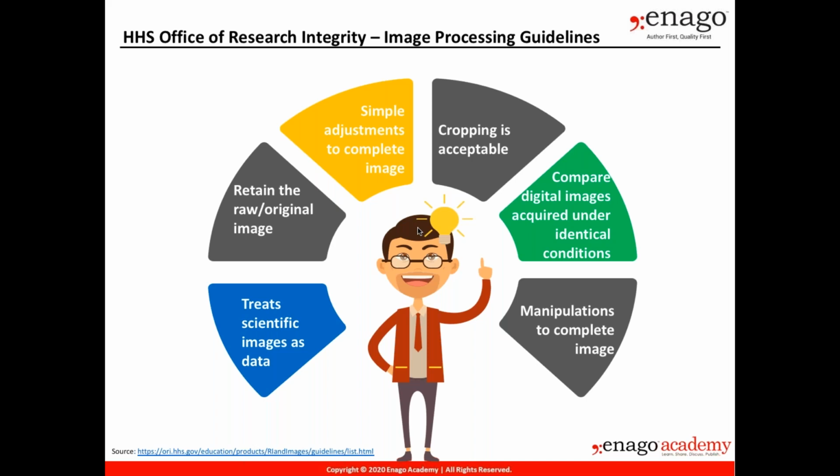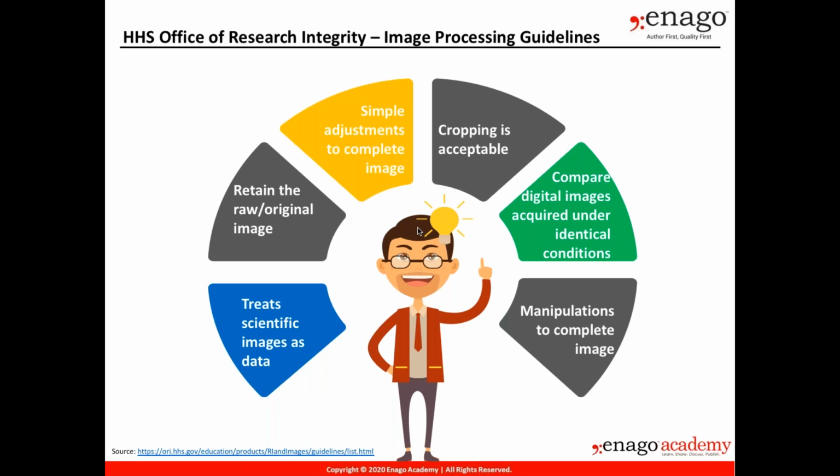Next box, that gray one on the right-hand side: cropping is acceptable as long as you're not cropping out inconvenient data, data that goes against what you're saying in your science. In the green box, compare digital images acquired under identical conditions. It's essentially saying make a control so that you can make sure that everything looks like it makes sense.